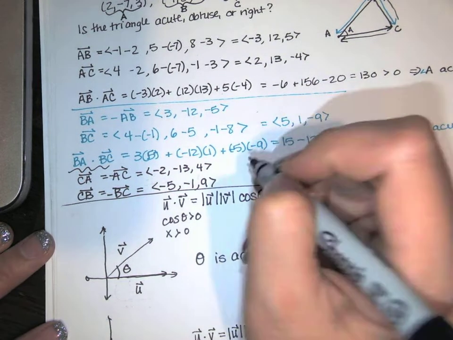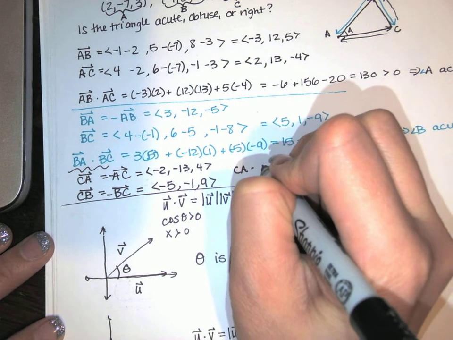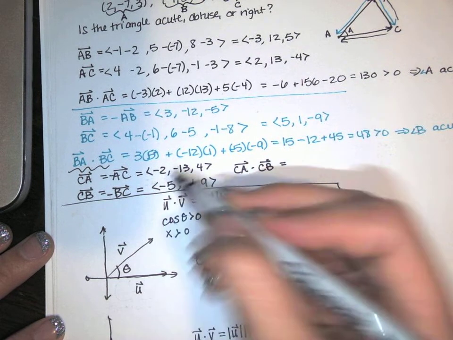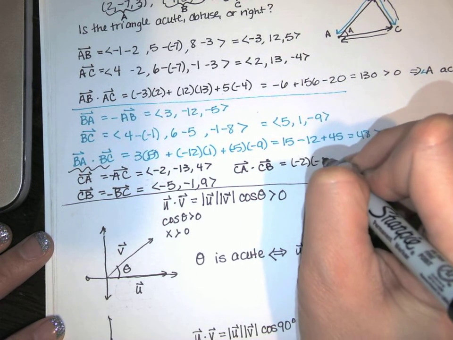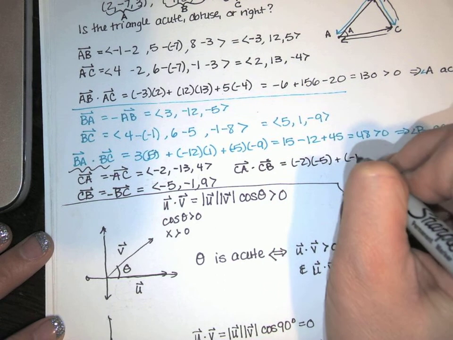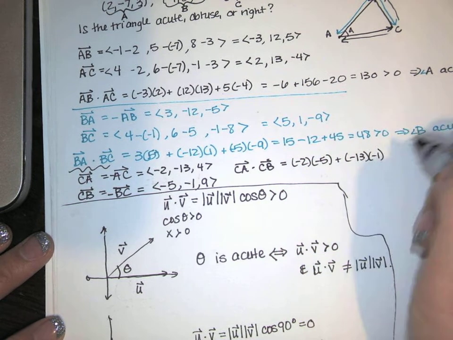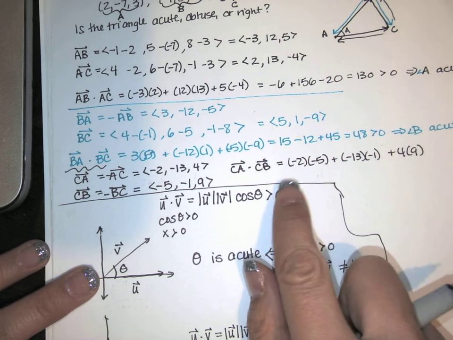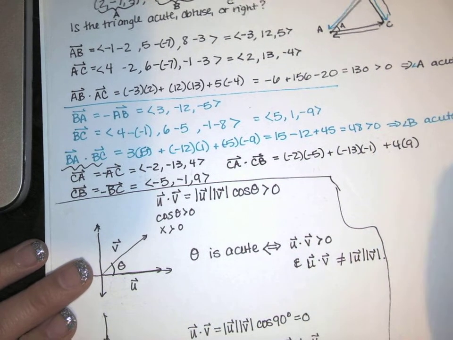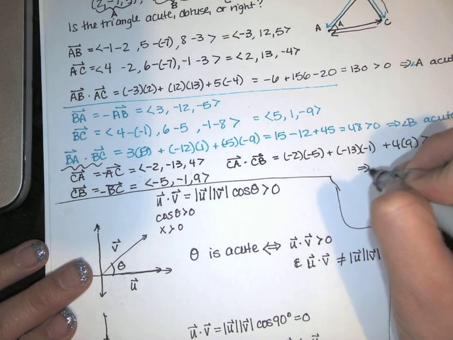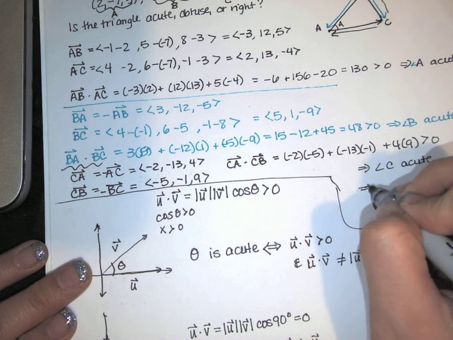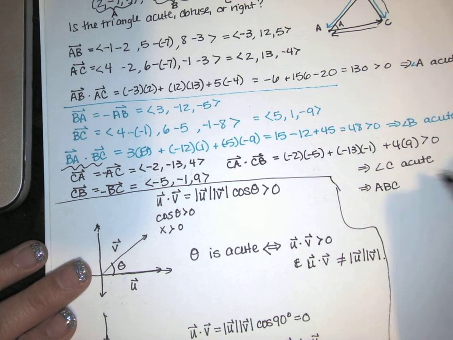Then dot them. So I've got -2 times -5 is 10, plus -13 times -1 is 13, plus 4 times 9. I'm not even going to do the arithmetic. Positive plus positive plus positive is positive. So angle C is acute. All three angles are acute, so it must mean the triangle ABC is an acute triangle.